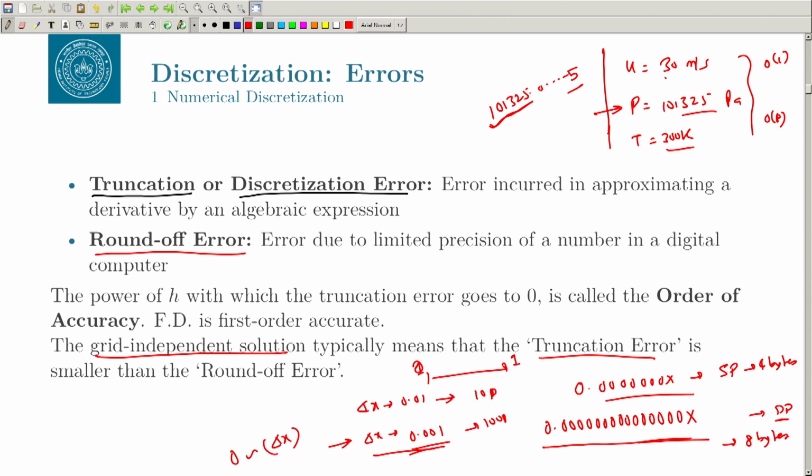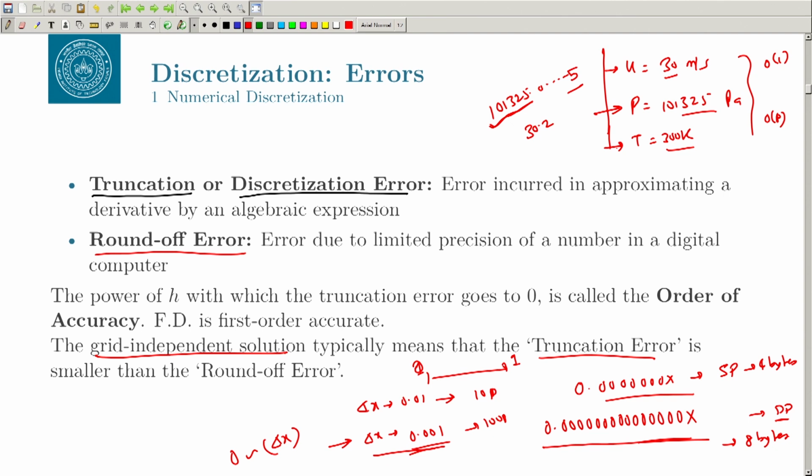On the other hand, if you are going from 30 to 30.2 or 30.1, it may change the solution. So, your significant digits are different when you are using a dimensional form. When you use a non-dimensional form, because everything is more or less of the order of 1, it gives you a better handle to control your round off error, and you see when your grid independence is coming.